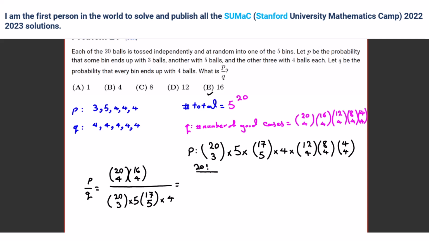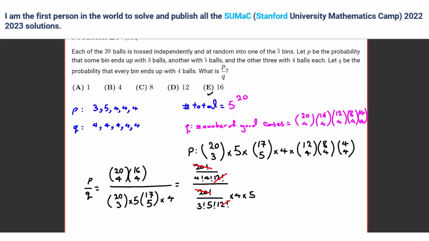So 20 factorial over 4 factorial, 4 factorial, 12 factorial, and 20 factorial, 3 factorial, 5 factorial, 12 factorial times 4, 5. We can cancel 20 factorial and 12 factorial as well.